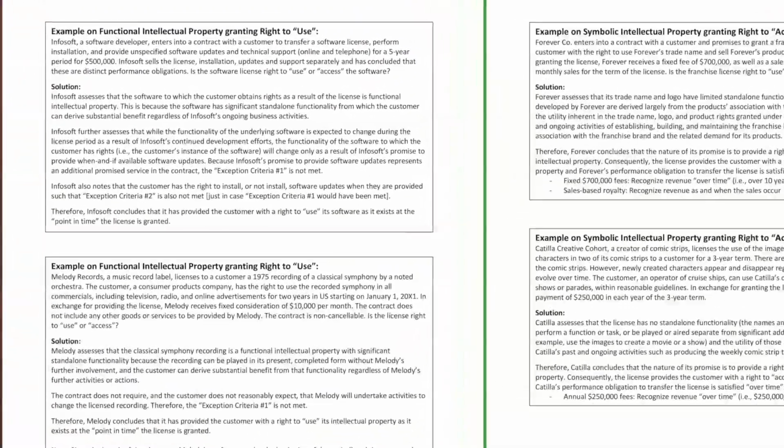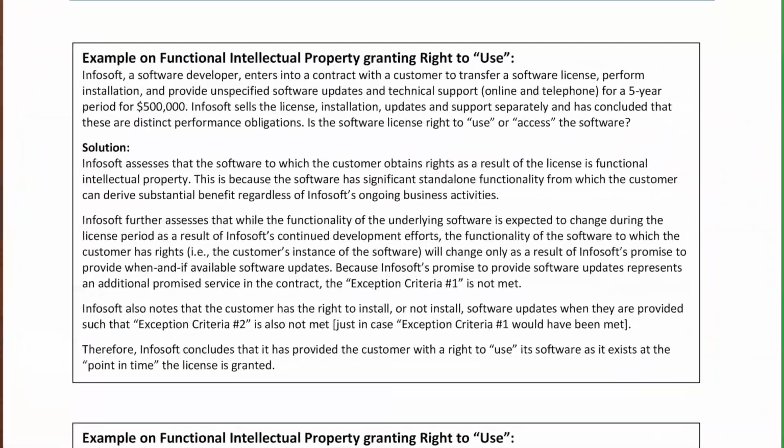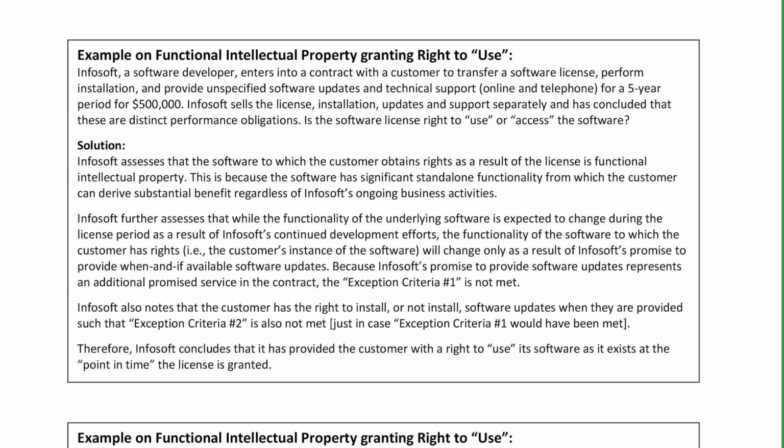Turn to page 78, where we've got a couple of examples on functional intellectual property. So the first one, Infosoft, a software developer, enters into a contract with the customer to transfer a software license, perform installation, and provide unspecified software updates and technical support for a 5-year period for $500,000.